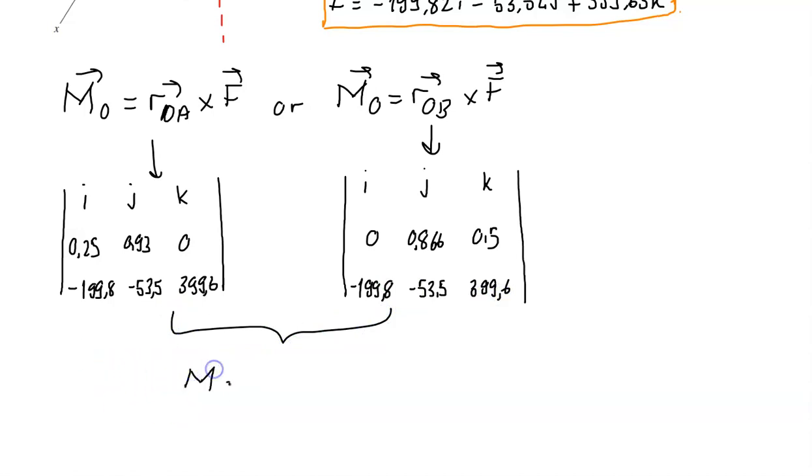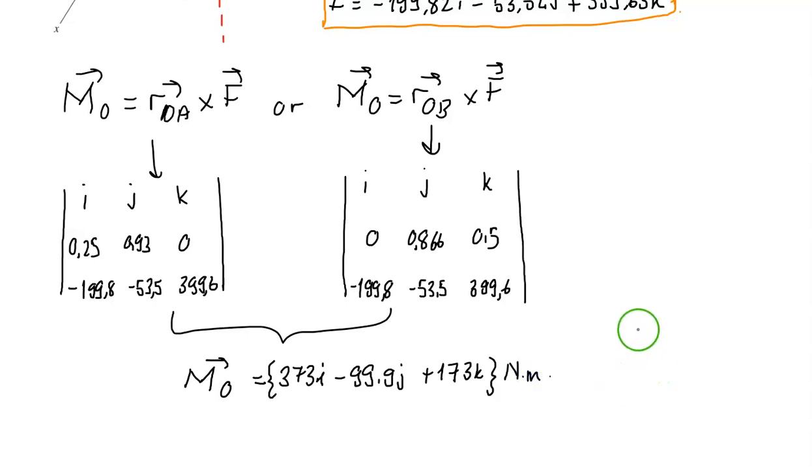So the moment about point O will be 373 I minus 99.9 J plus 173 K, and that's in newton meters. Okay, so that's the solution. That's my answer. Thanks for listening.